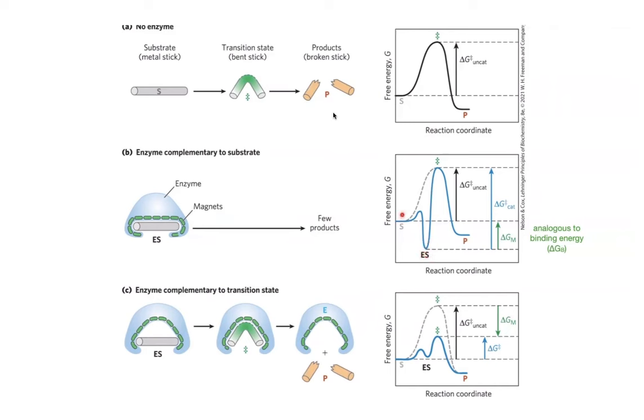Here you have enzyme plus substrate. Here you have enzyme substrate. Here you have your enzyme product. They're not showing the release of the products. So sometimes you'll see a second state. People draw things different ways, but the bottom line is you have a bigger activation barrier if you stabilize the substrate form. But if you stabilize the transition state, now you're able to lower that cost.